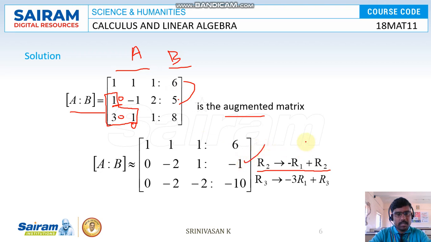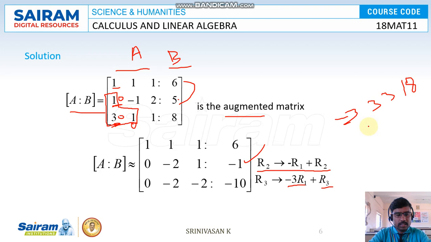The first one is completed, and next we have to make a zero here, by using R1. In R1 the first constant is 1, and here it is 3. So I multiply R1 by minus 3 and add. Multiplying R1 by minus 3, we get minus 3, minus 3, minus 3, and minus 18.